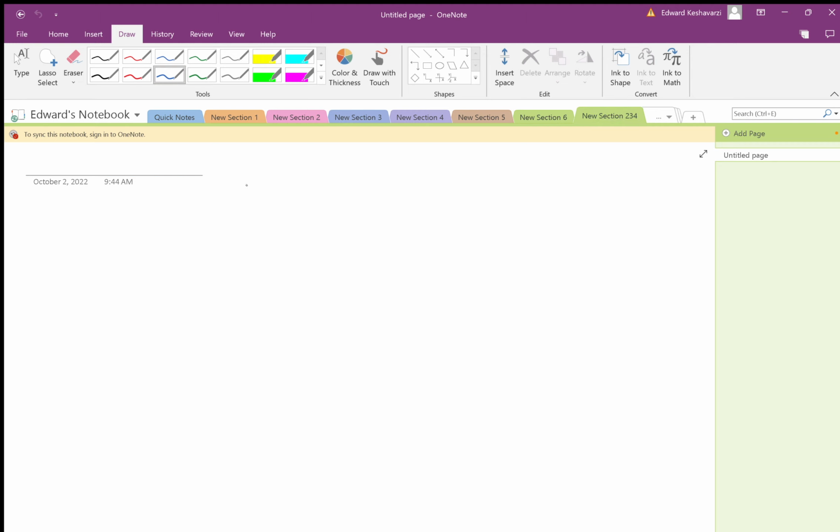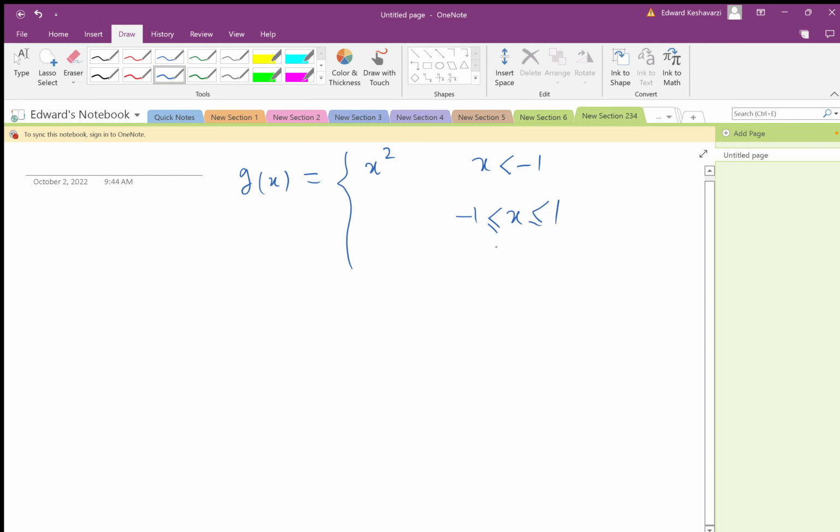So the next example: x squared when x is less than negative 1, then a middle piece when x is between negative 1 and 1, and when x is larger than 1, it's x cubed, 2x minus 3. The points that we need to check are negative 1 and 1, the splitting points obviously.